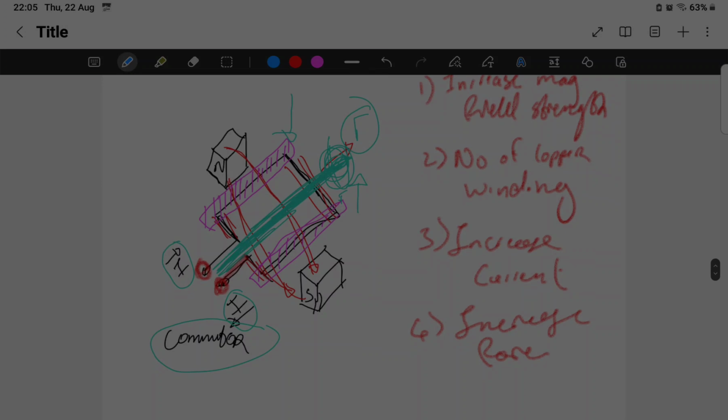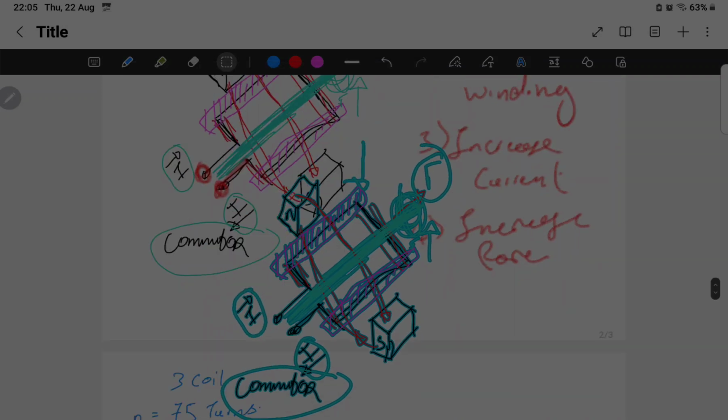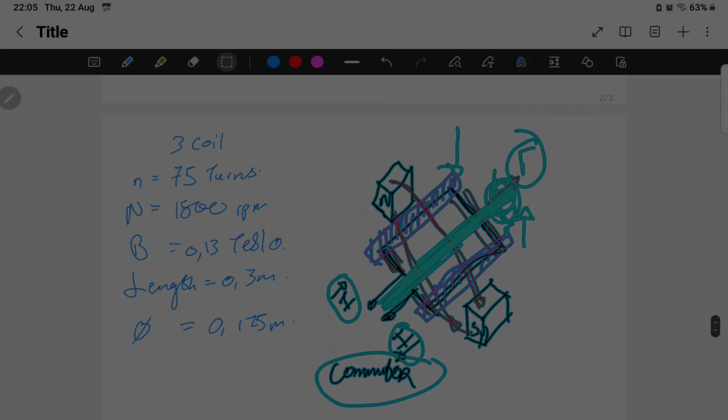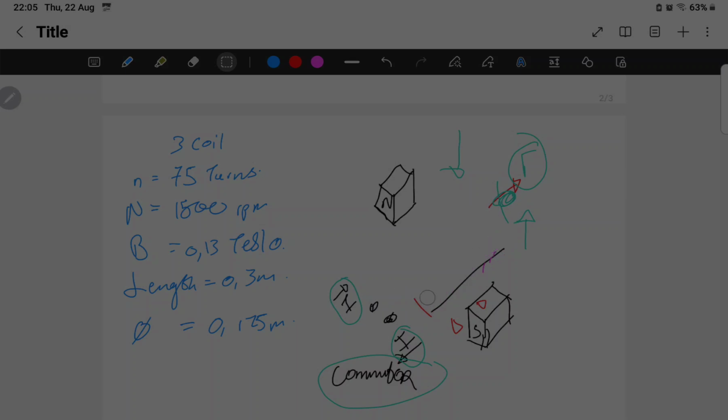So now let's copy this diagram. Let's erase a few of the things. Okay.